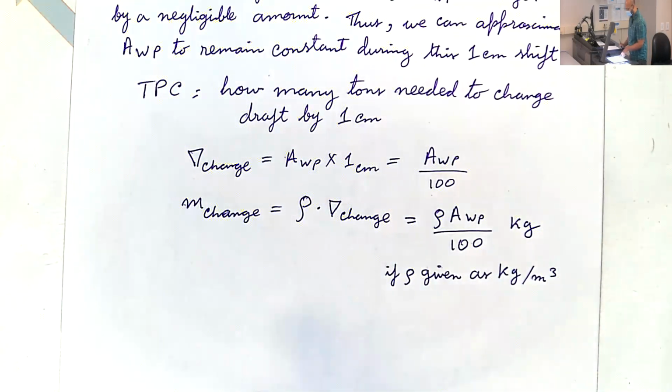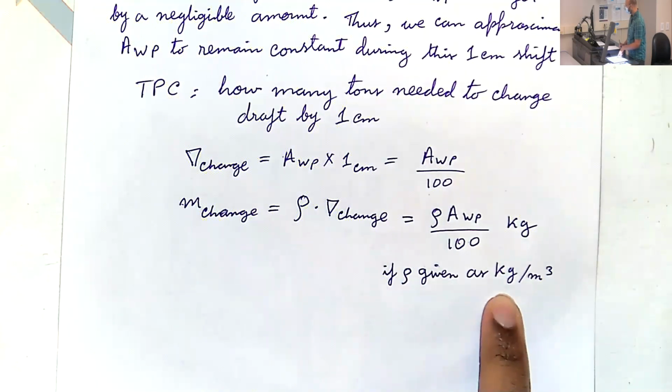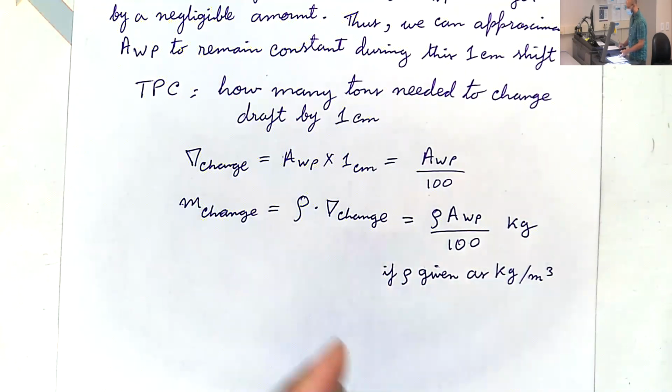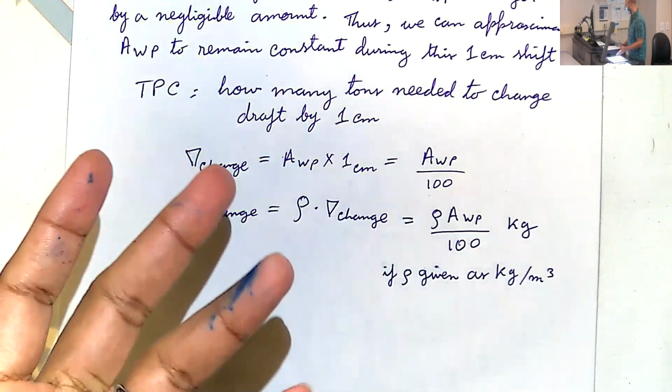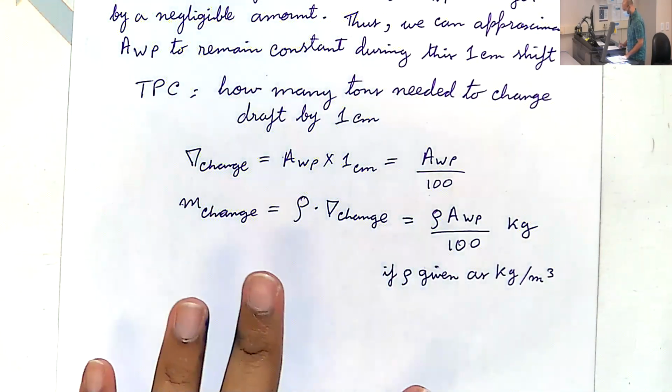Very frequently, people will give you rho not in kg per meter cubed, but in ton per meter cubed. But yeah, you just change from one to the other as is convenient.